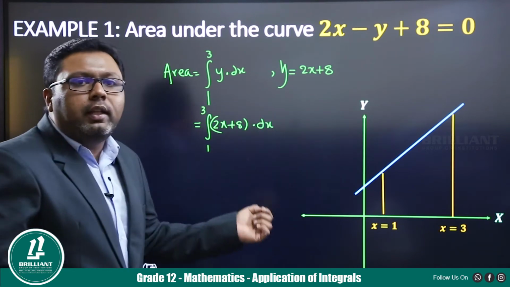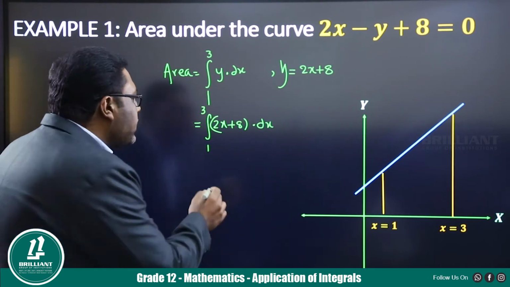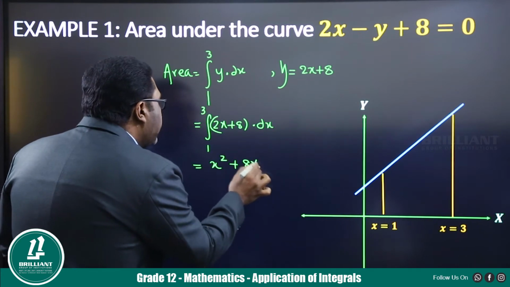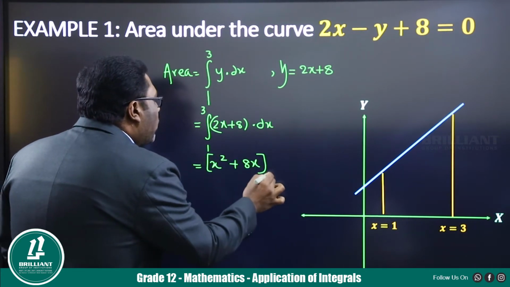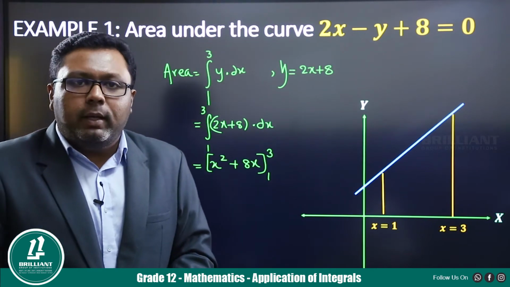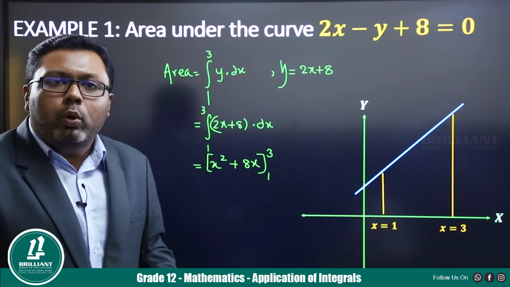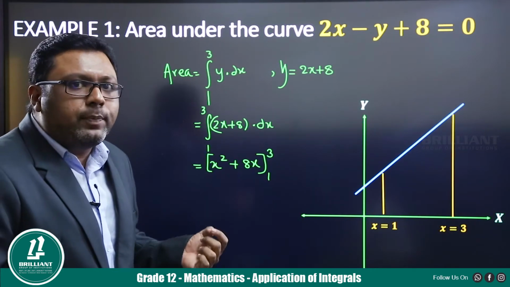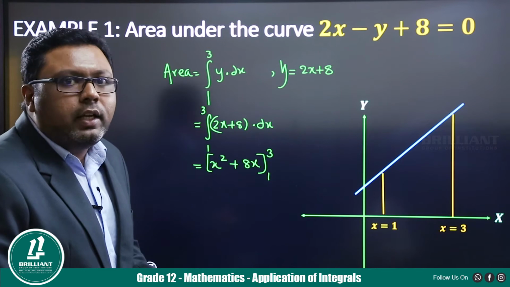Now we have to find the integral of 2x plus 8, which is equal to x squared plus 8x with limits 1 to 3, and you know from chapter 7, grade 12, how to substitute the limits in the integrated form.